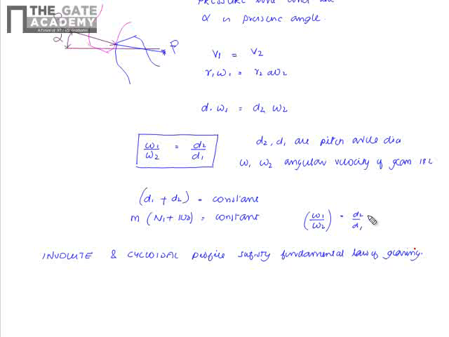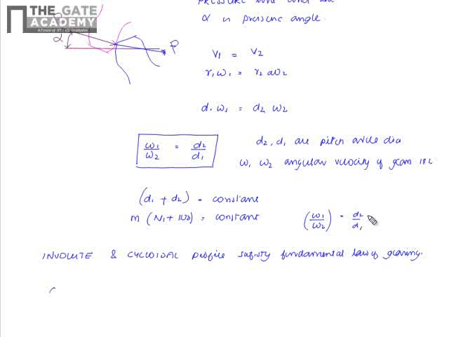And out of these two types of profiles, involute and cycloidal, the involute profiles are most commonly used in gears, because for involute profiles the pressure angle, that is the angle which the pressure line makes with the horizontal, remains the same, whereas in the case of cycloidal curves, the inclination of the pressure line with respect to the horizontal, that is the pressure angle, keeps on varying.